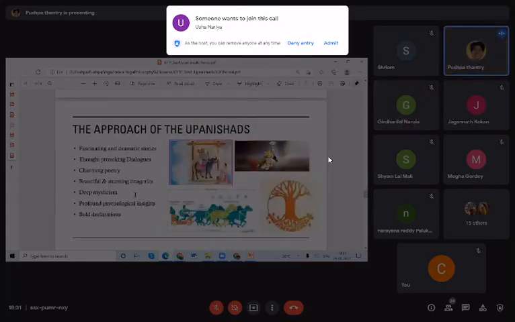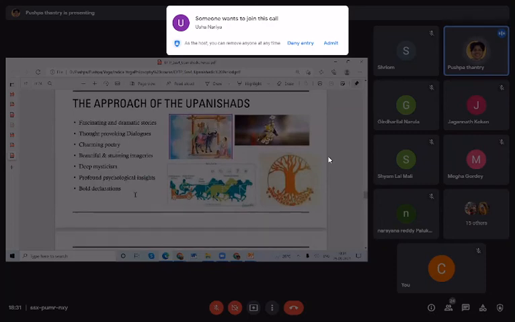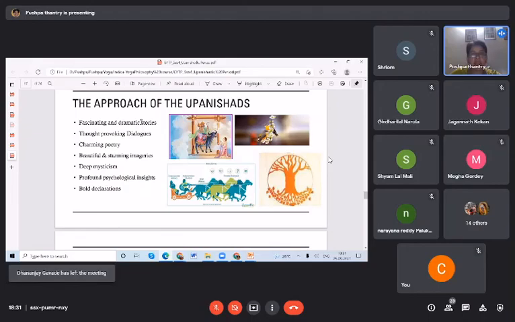Okay, and the approach of the Upanishads, the interesting things here, was fascinating and dramatic stories, thought-provoking dialogue, stories told like Yama and Nachiketas in the Katha Upanishad, charming poetry with a lot of chandas and grammar and all that, and beautiful and stunning imageries, deep mysticism.